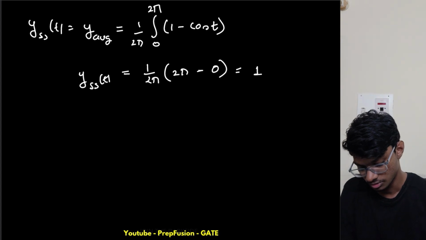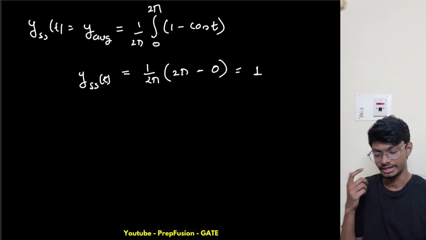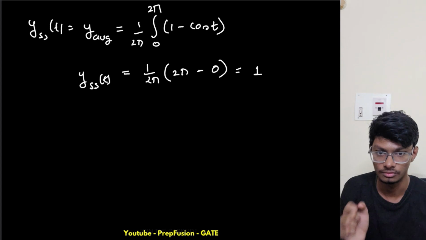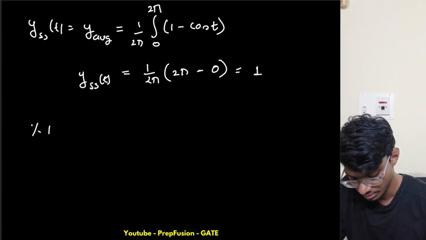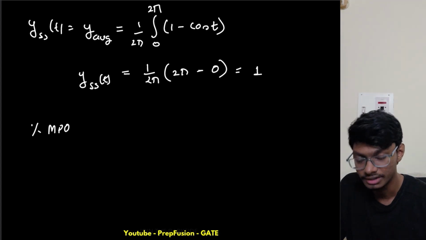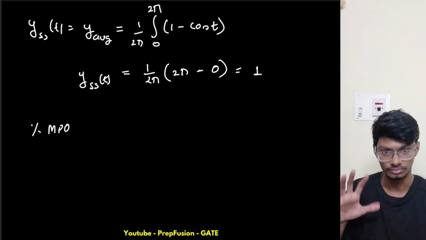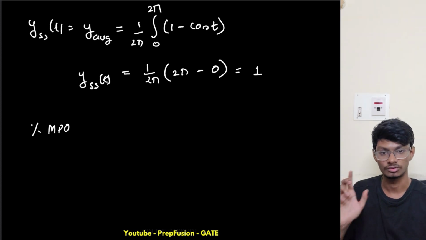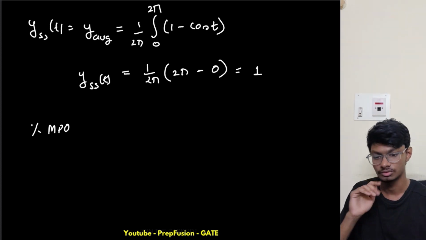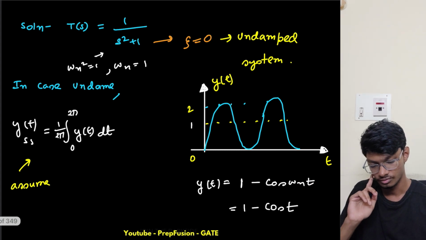So now I will find my maximum peak overshoot for an undamped system like this one. The percentage MPO for an undamped system, you can remember this also, I derived it, will be 100%, because it will oscillate totally one unit from here to here.